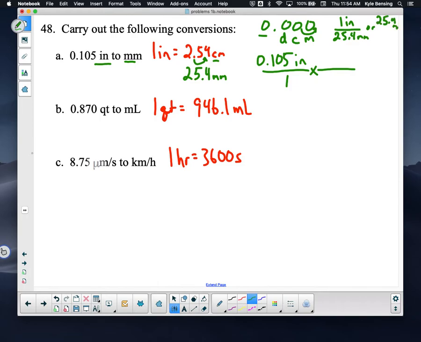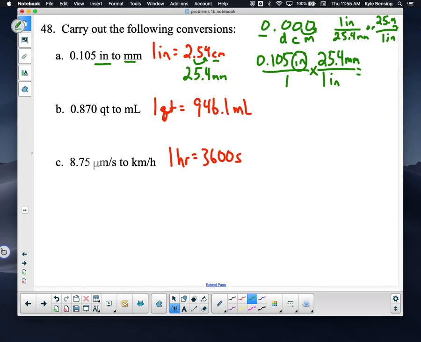Which one fits? If the inch is on the top for my problem, that means I need 1 inch on the bottom and 25.4 millimeters on top.